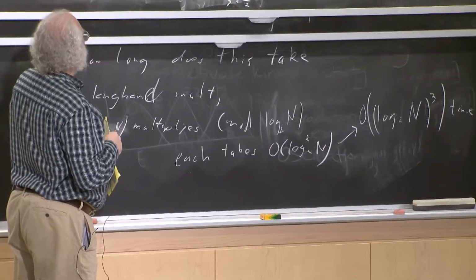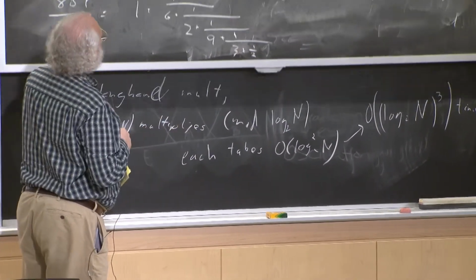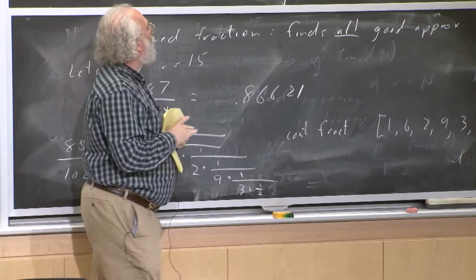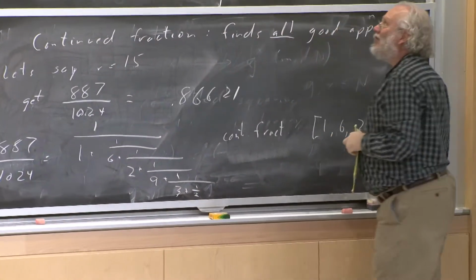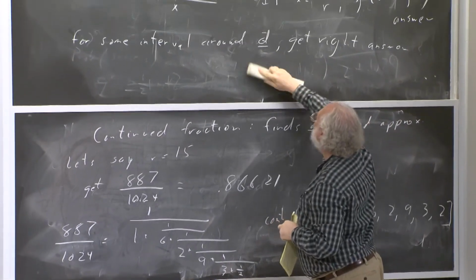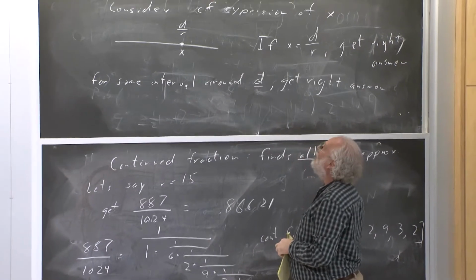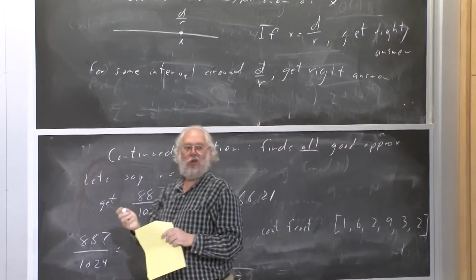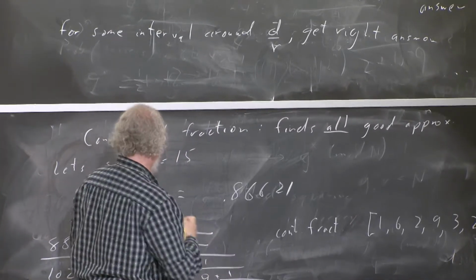Well, that's actually pretty easy to prove because it's obvious the continued fractions are a continuous process. So if you alter x by a small enough amount, then d over r will be one of the convergents.